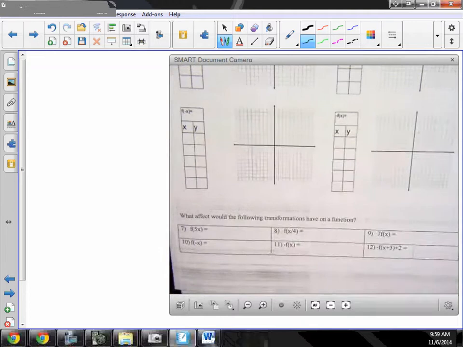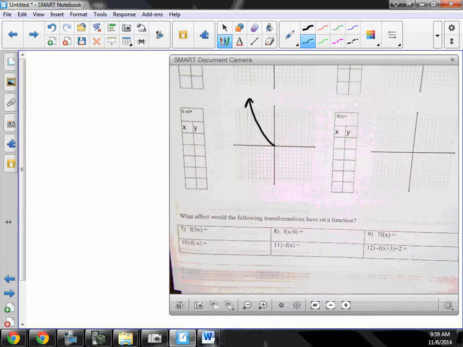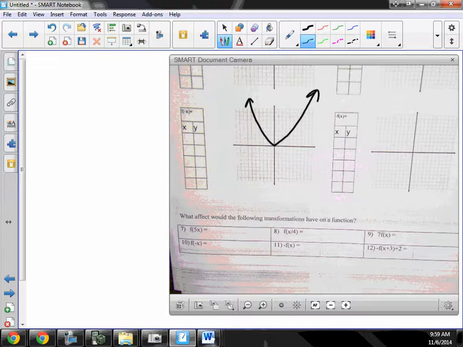What happened here? So here's my original graph. How does f of negative x change?